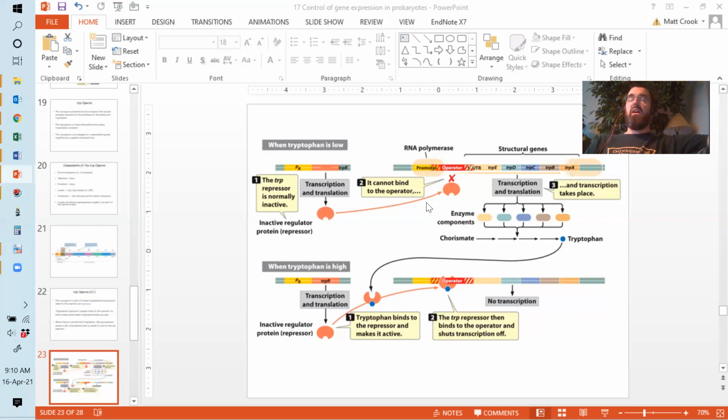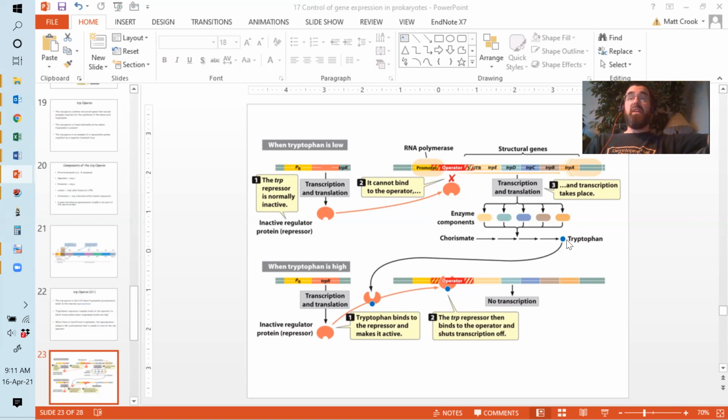Tryptophan levels, once they reach a certain level, like really high, is the same deal, off. Or whichever way you pull it, doesn't matter. So the high levels of tryptophan are the binary switch in the trp operon.